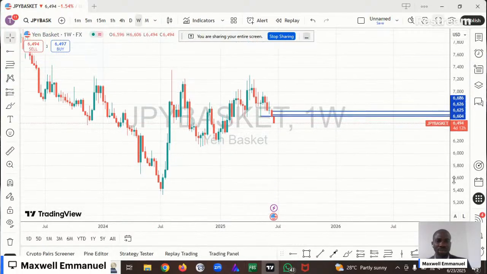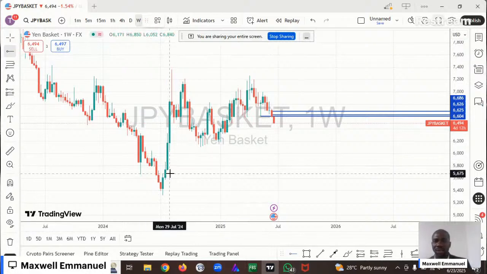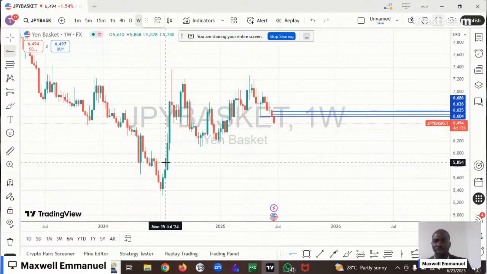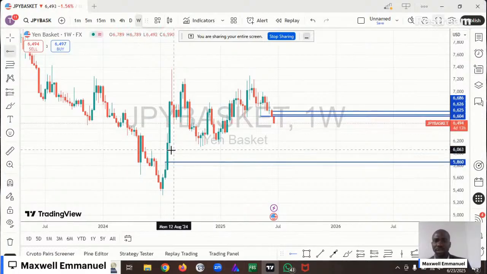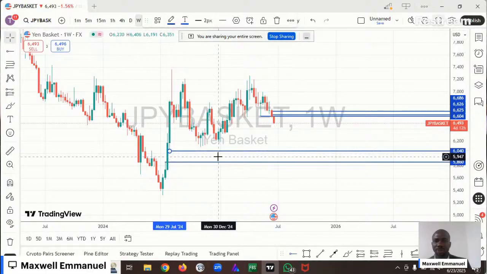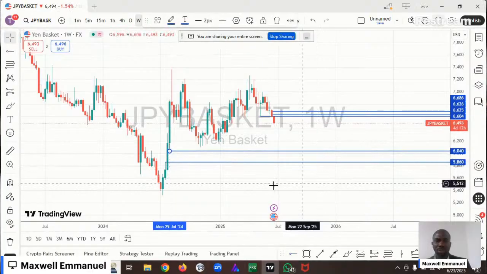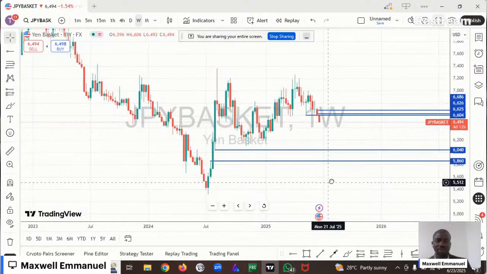I told you guys yen is likely going to come fill this fair value gap, which is at a discount area, before going bullish. So yen is bearish at the moment.